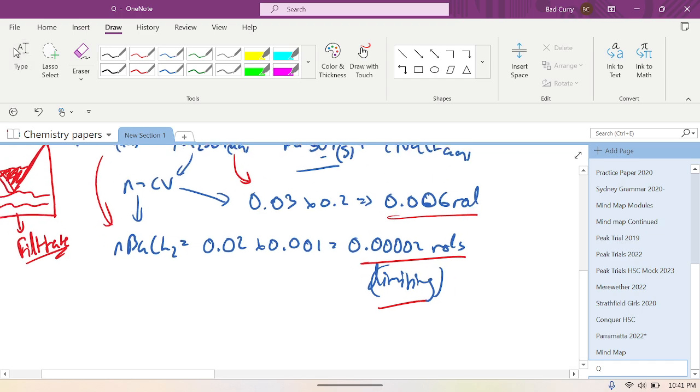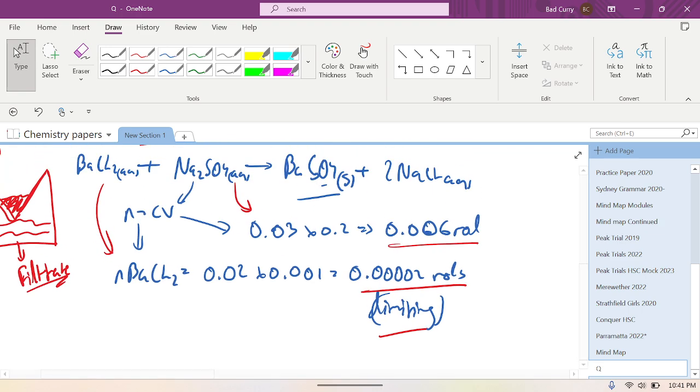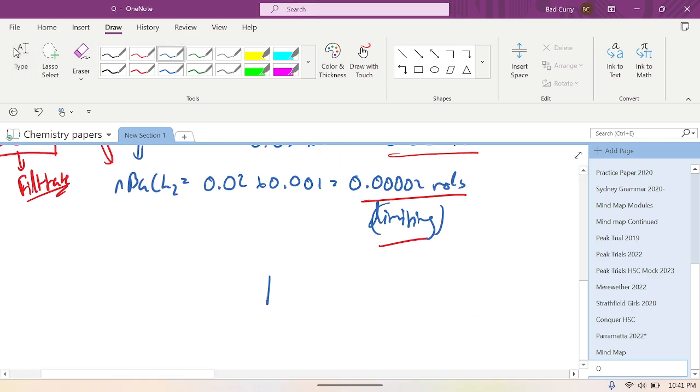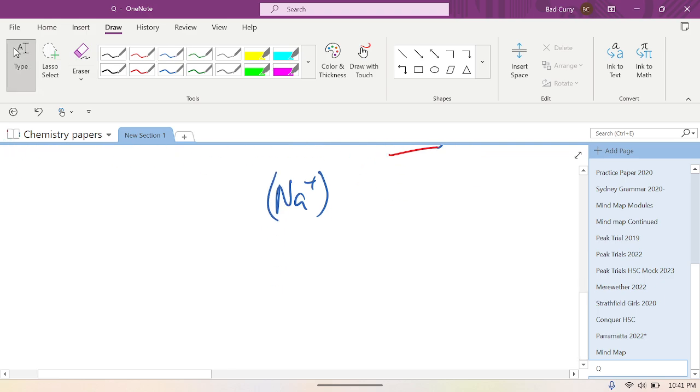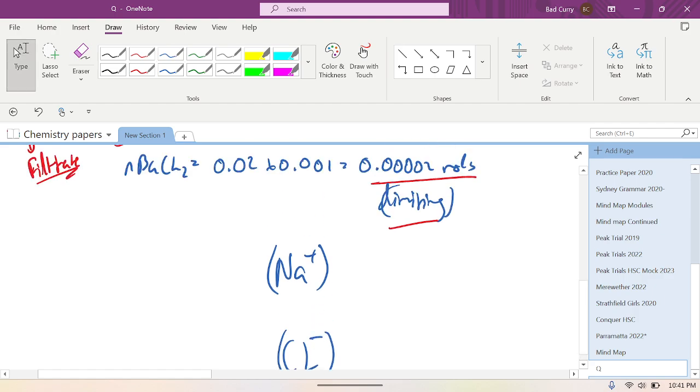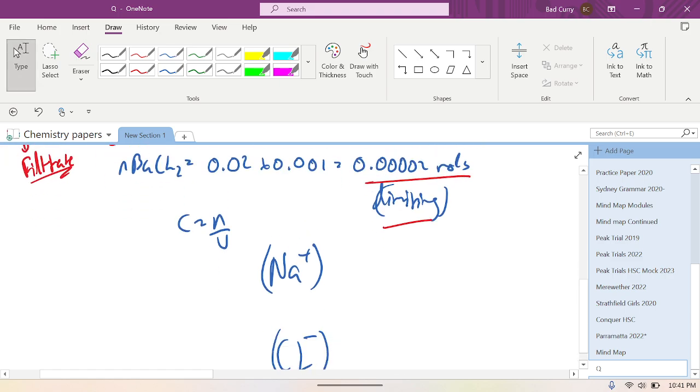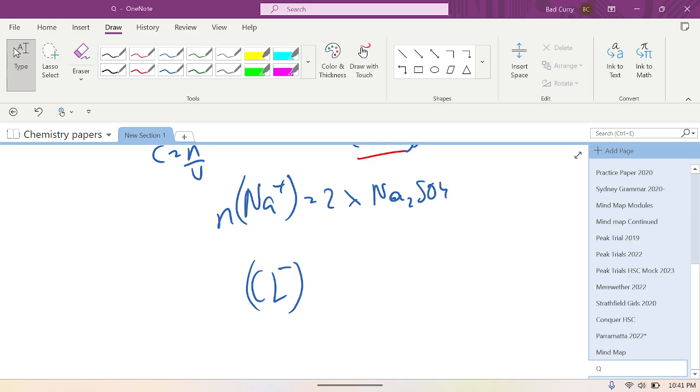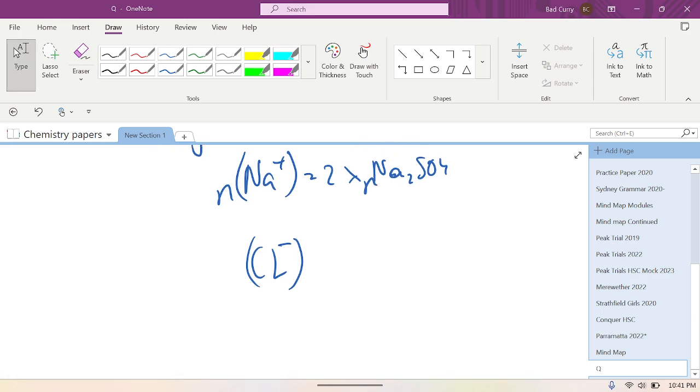Now, how do you find the concentration of sodium and chloride? Firstly, you just find the moles, because concentration equals number of moles over volume. So you've got to find moles of sodium because we don't know that yet. The number of moles of sodium is equal to 2 times the number of moles of sodium sulfate, and that's because there's a two to one ratio of the whole molecule to sodium.